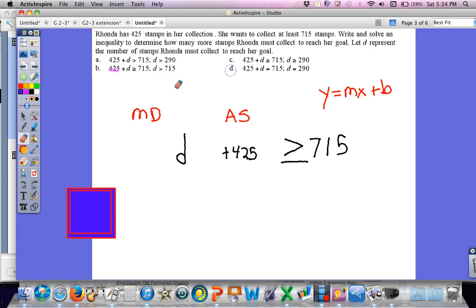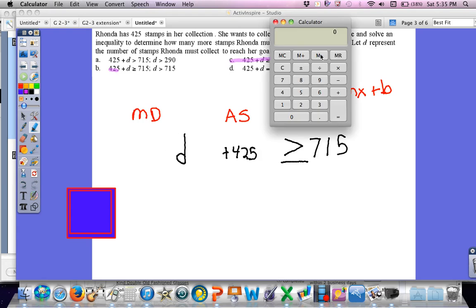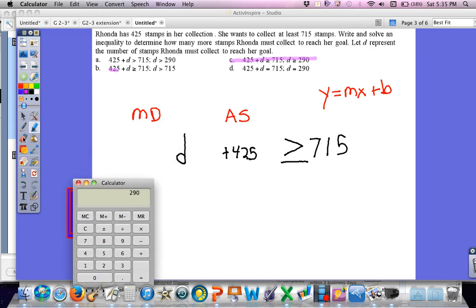425 plus D is greater than or equal to 715. And that says that she needs to collect an amount more than or equal to 290. Well, that seems to make some sense. Let's check that out. If we had 715 and we subtracted 425 from both sides, we do get 290.